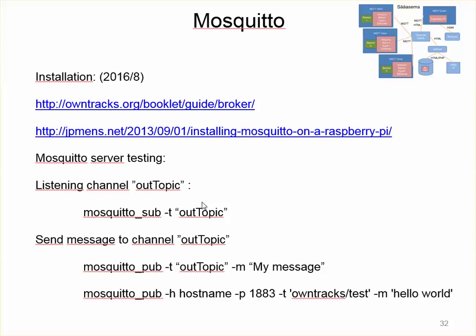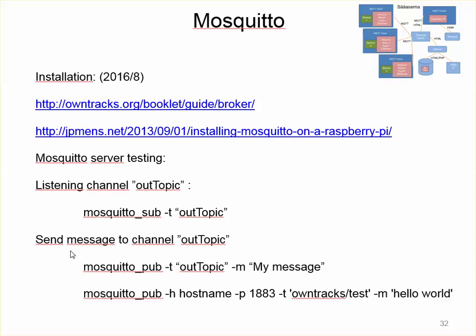For example, if you would like to start listening to the out topic messages, you will write this mosquitto_sub. This means there's the topic, and then there's the topic name, which topic you would like to listen to. Nothing is supposed to happen if no one is sending to that topic, but you could also try it manually.